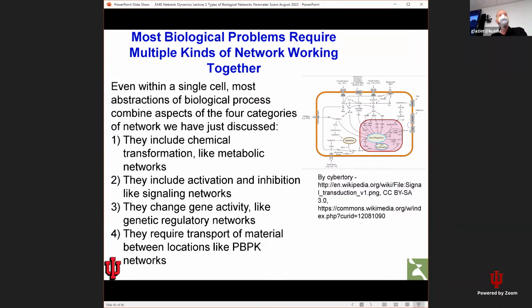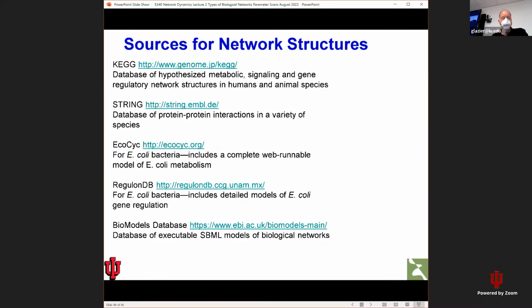But within the cell, I've mentioned the words active transport a bunch of times without going into the details. Molecules have to be moved around in cells, and there are all sorts of machinery to do that. Where do you find network structures? This is an old slide. This is from a couple of years ago.